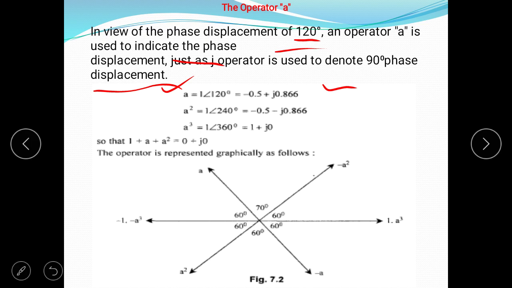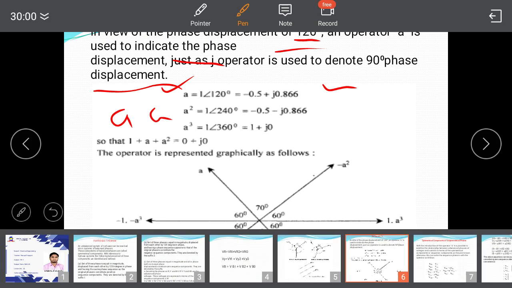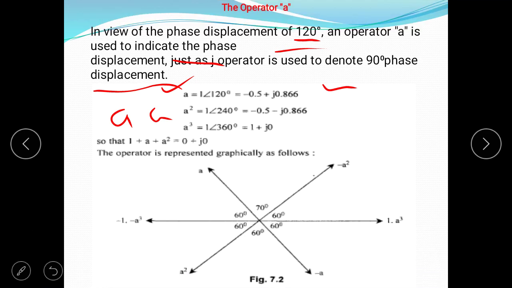Similarly, if operator A is applied 2 times, then this operator A square rotates the phase by 240 degree in anti-clockwise direction and its value is 1 by angle 240, that is minus 0.5 minus j 0.866.